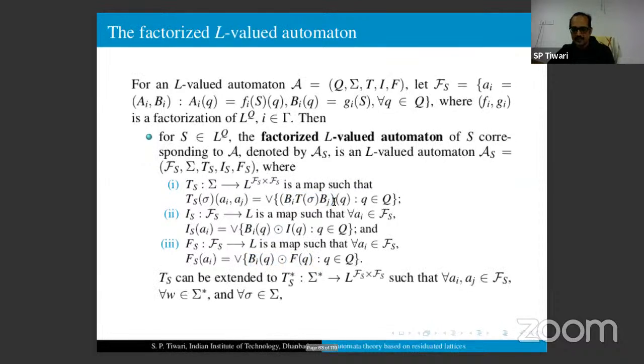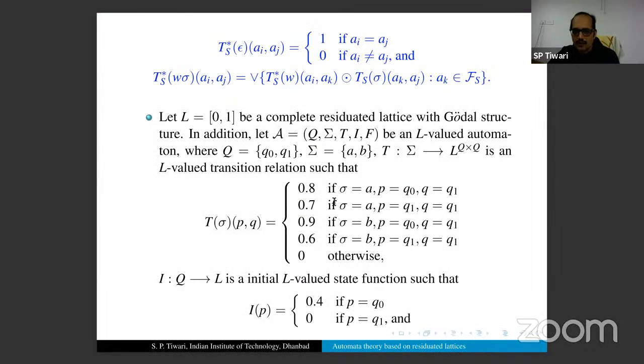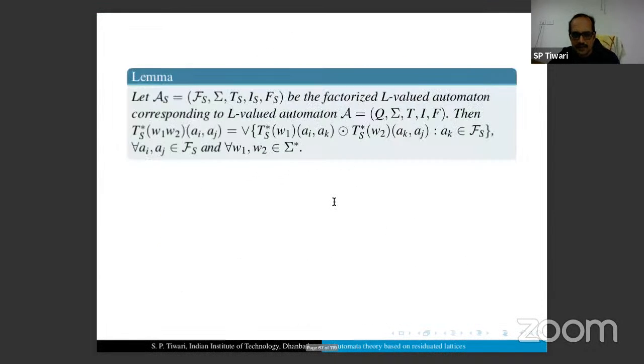So this is our factorized automaton, and we can again extend it and construct the example. Now coming to this one, if we are having a factorized automaton, how the transition function will behave on input of two strings, and the strings are concatenated, then this structure will look like this.